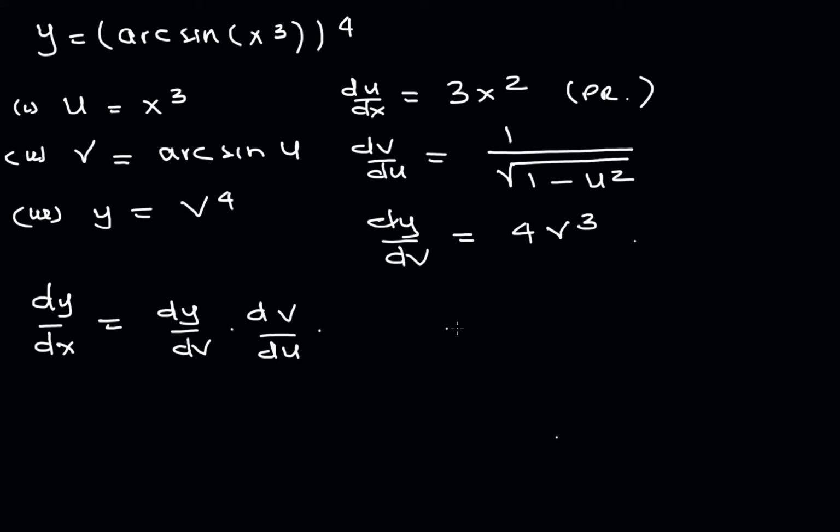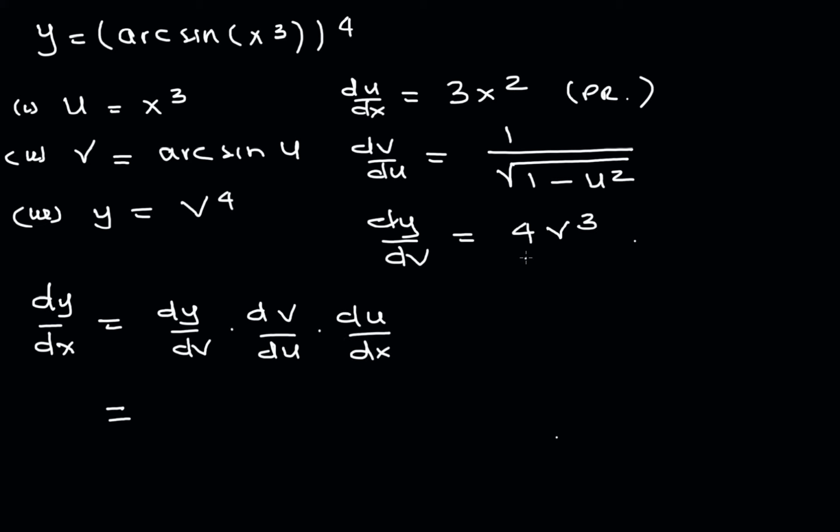What's the next one? The next one is going to be du/dx. Just in normal mathematics, we can see that this one will cancel with that. This one will cancel with that. We're not cancelling here. Remember what we've always said? These are just notations. But it can show you that what you remain with is this one and that one.